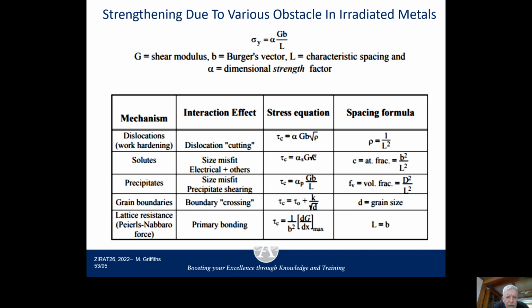There are different combinations that different authors have come up with for the strengthening effect. All you need to know for the purposes of this presentation is that there's a quality factor, if you like, and a length. And this is how they relate for different types of barrier.